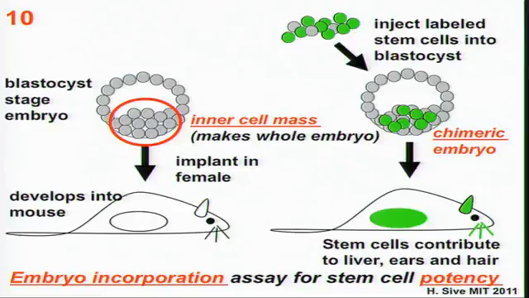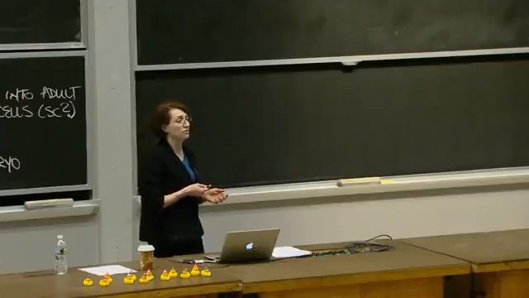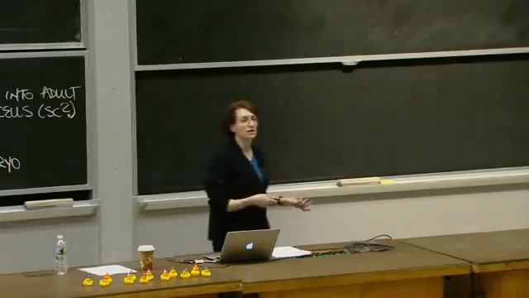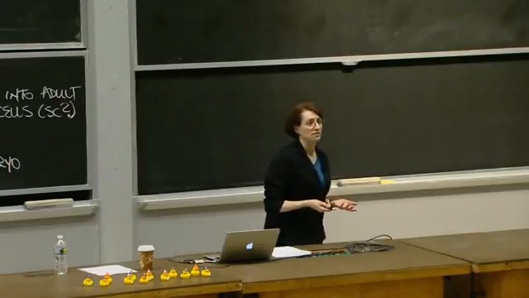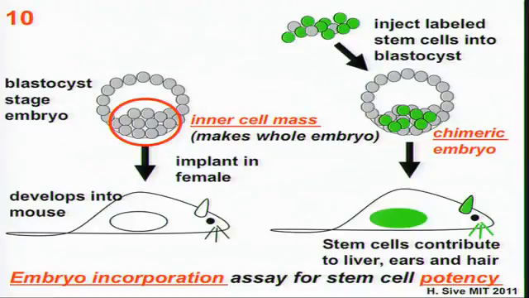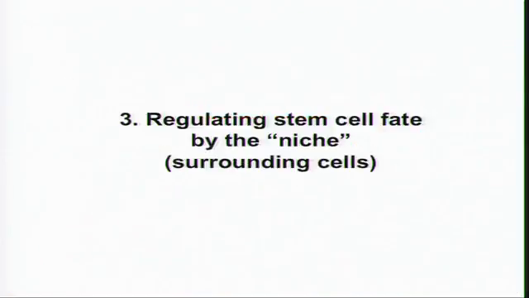And if you see that the baby that comes out of this chimeric embryo has got a green liver and green ears and green whiskers, you'll know that the cells that you made the chimeric embryo with had the capacity to give liver, ears, and whiskers. Okay, so this is a powerful assay to, again, look at the potency of cells, not in this case the stem cellness of cells.